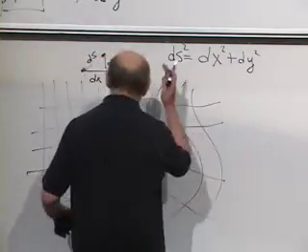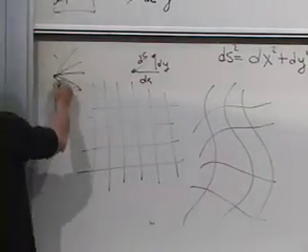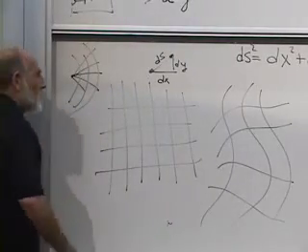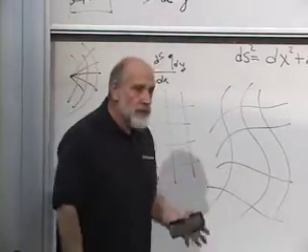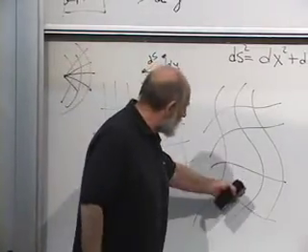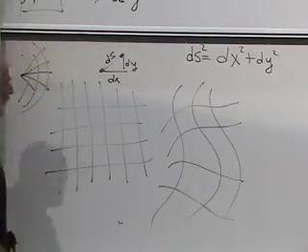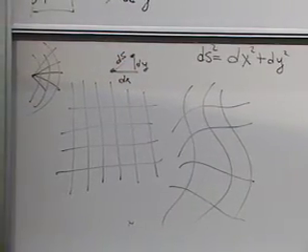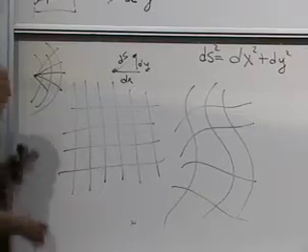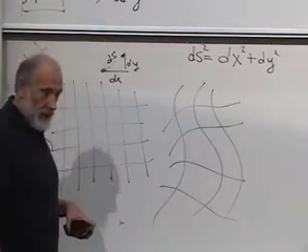We could use polar coordinates, which look like this. And in general, the lines of constant x and lines of constant y would be curves on the blackboard, not tied to a nice rectangular mesh like this.